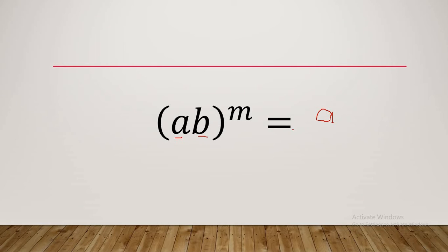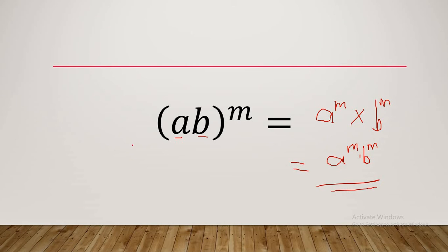The bases are not equal, so we say a^m times b^m, which is equal to a^m · b^m. The dot means multiplication. That is the final answer. And this is the 4th rule of indices.